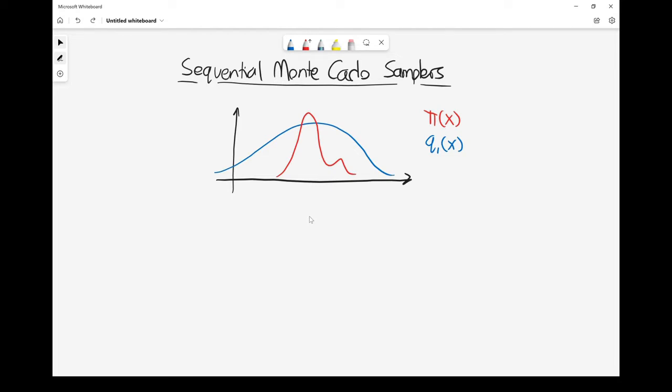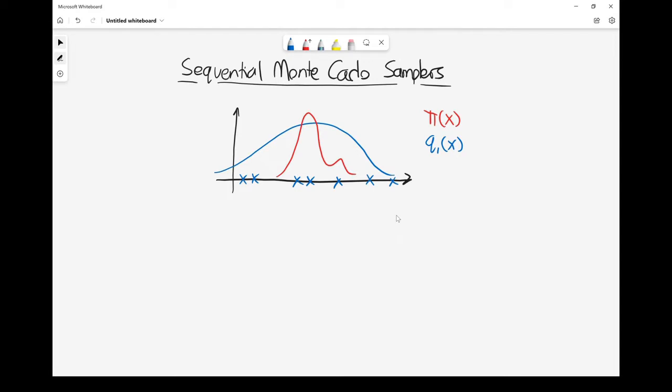We've generated samples from some kind of proposal, which we've denoted Q, and we've imagined a situation where they've landed on this axis somewhere, and we've noted that some of them have landed in more useful places than others. So, for example, these three are in regions of higher probability density of the target compared to the surrounding four.